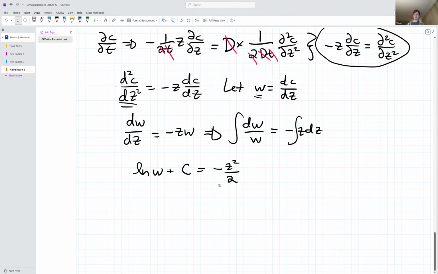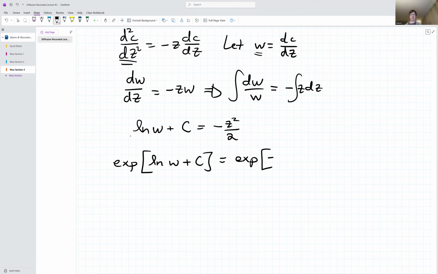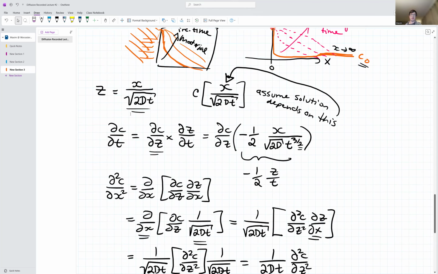And now we can get rid of the log by exponentiating both sides. So we take the exponential of the natural log of w plus a constant, which is equal to the exponential of minus z squared over 2. You see it's an exponential of z squared. Remember what z is: z is x over square root of 2Dt. That's just your Gaussian.